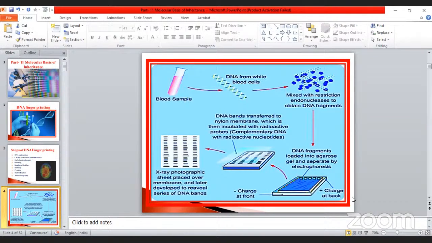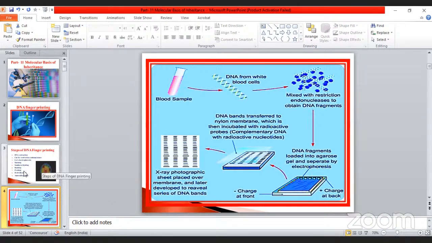As a result, the violet color turns into cherry red. This is the final analysis. After that, it may be entered into radiography or a computerized system. We analyze what nitrogen bases are present, and then it is stored in the computer in the form of a database.